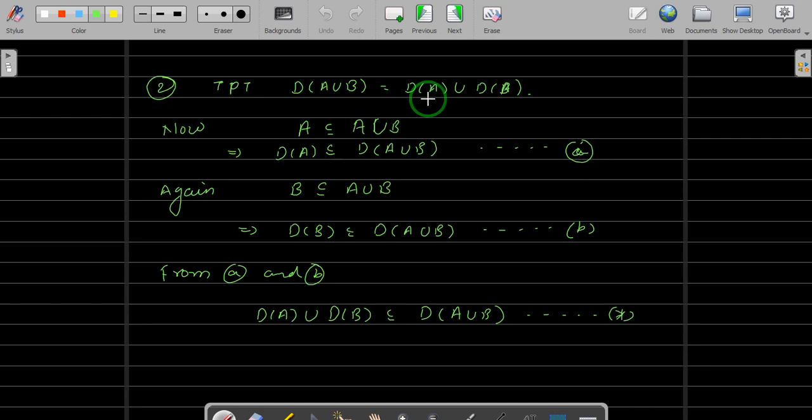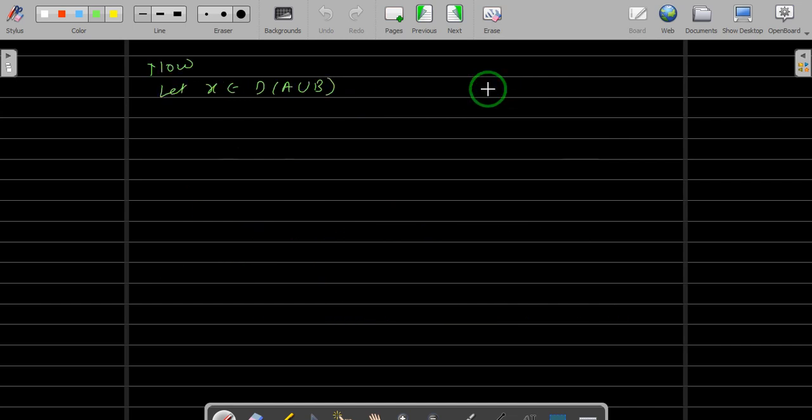But if X does not belong to derived set of A, we need to show that X belongs to derived set of B. If X belongs to derived set of B, then we are done. So let me write. If X belongs to derived set of A, then we are done, because X will belong to the right hand side.